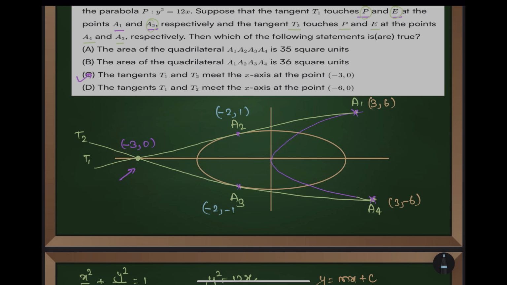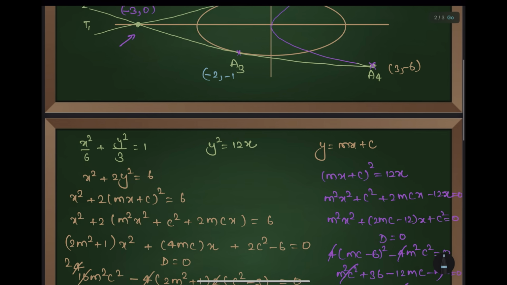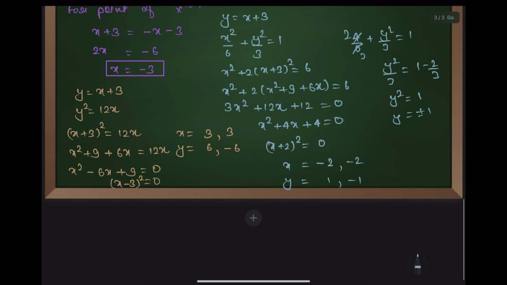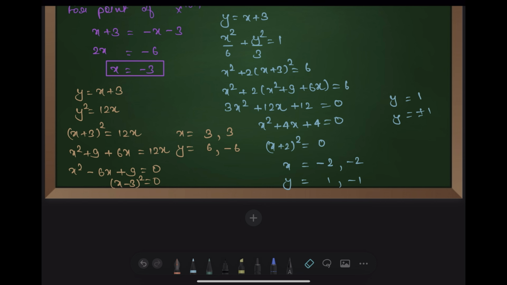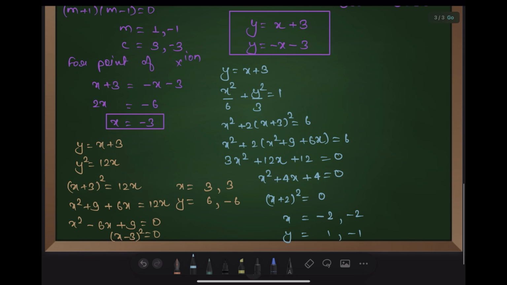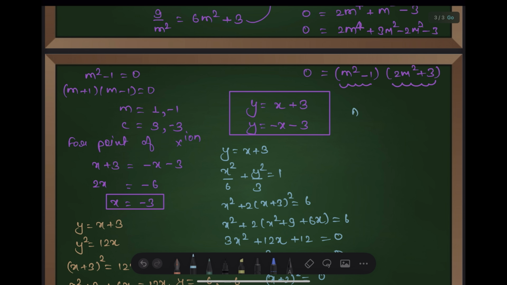Now you need to find the area of this quadrilateral. So try to recall how we used to find the area of a quadrilateral if 4 points are given. We used to write area equals half, x1, x2, x3, x4, y1, y2, y3, y4.